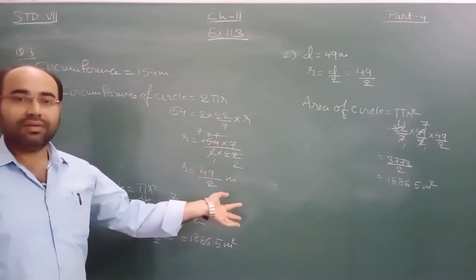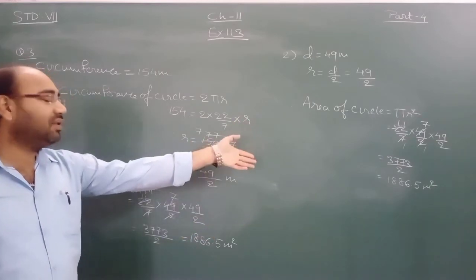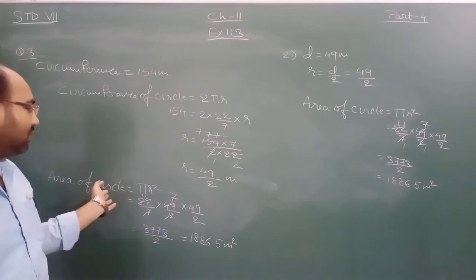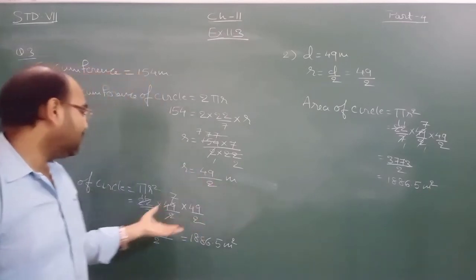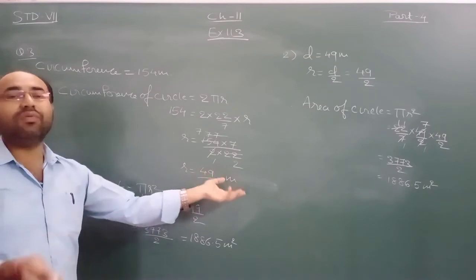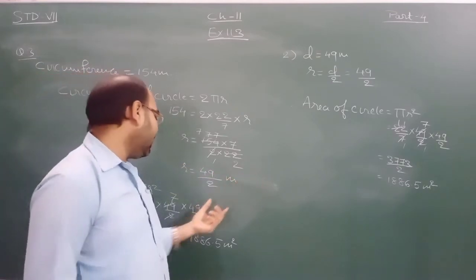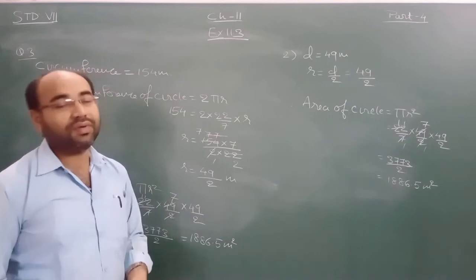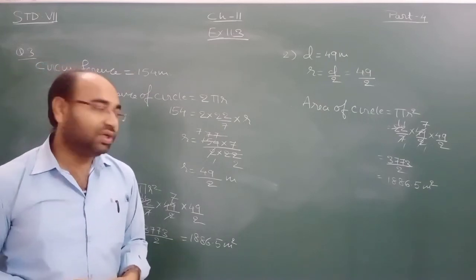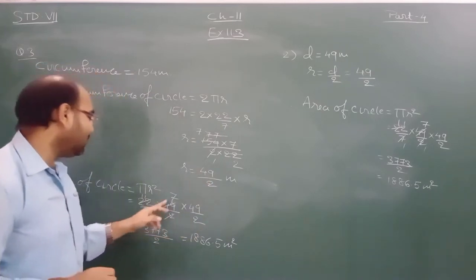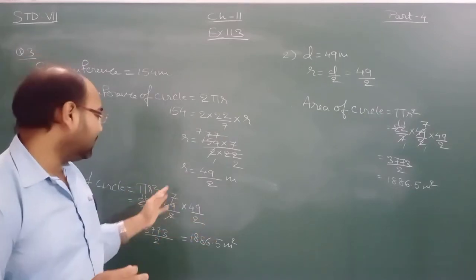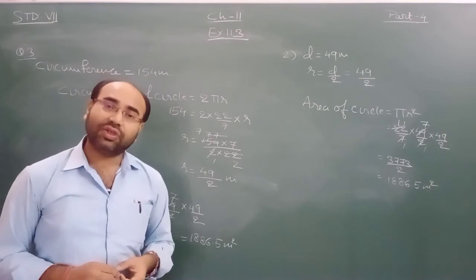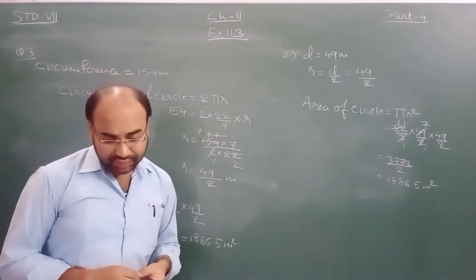See, if I would have rubbed that, I would also know that it is getting the same answer. So say 49 upon 2. If you want to convert it into decimal and then do it, then also the answer will come same. It will not change. But as it is becoming easy to cancel, then just keep it in the fraction form only. Then it will be easy for us.